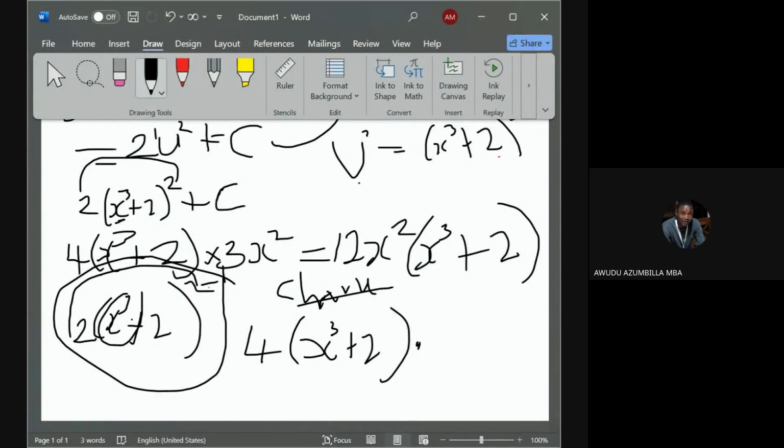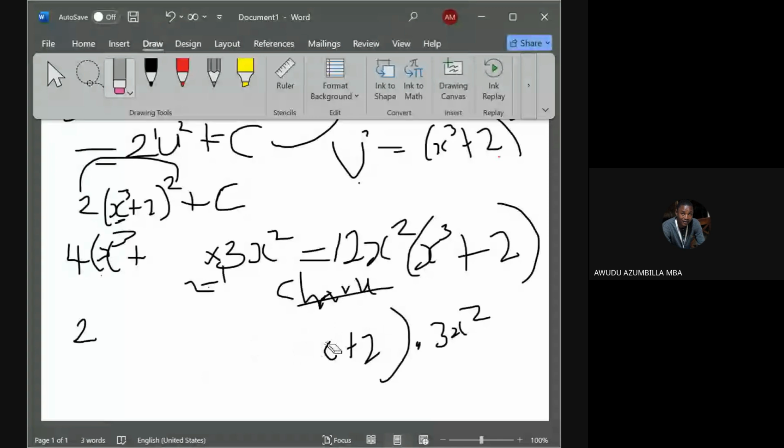Any variable there, you are going to differentiate with respect to that one. So you are going to differentiate the function again with respect to x itself. So when you differentiate with respect to x, you are going to get 3x squared. And that is how we had it. Okay, Doc. Yeah, so that is how.